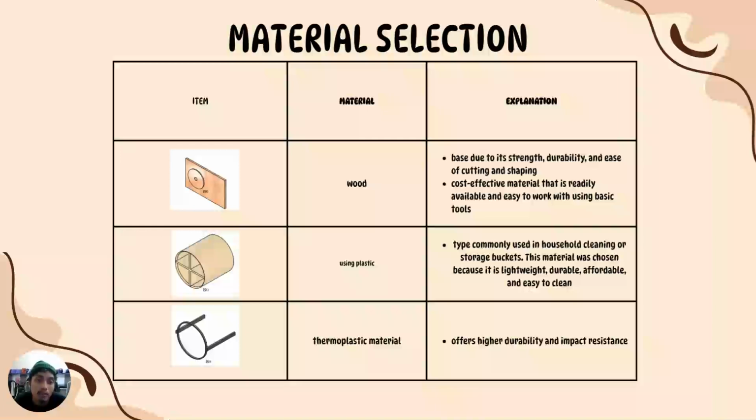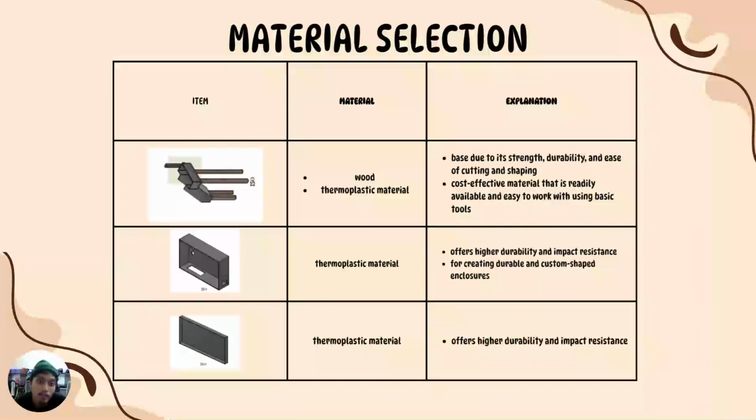For the holder, I will use a thermoplastic material, which is a 3D printing material, because it offers higher durability and impact resistance. For the slide, I will use two materials, which is wood for the legs and thermoplastic material for the body. Wood gives durability, while the thermoplastic is easy to work with using basic tools.